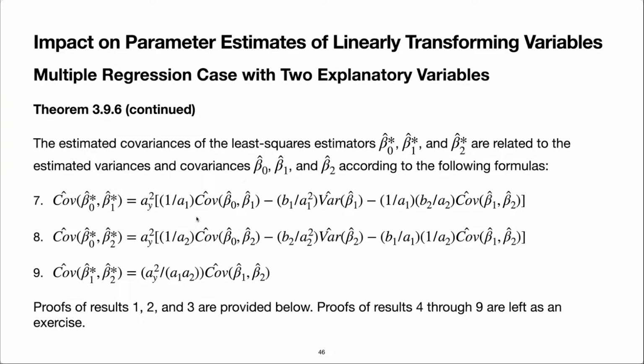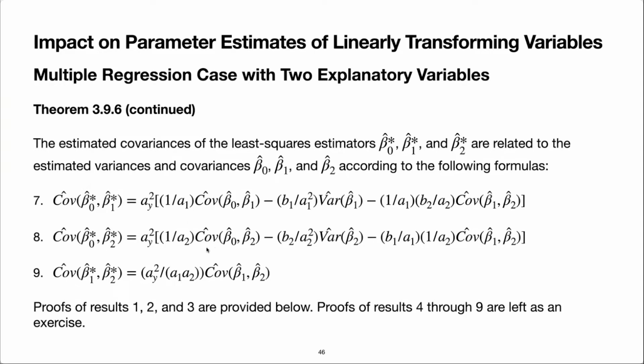You can see here that that involves the estimated covariance of beta 0 hat and beta 1 hat, also the estimated variance of beta 1 hat and the estimated covariance of beta 1 hat and beta 2 hat.